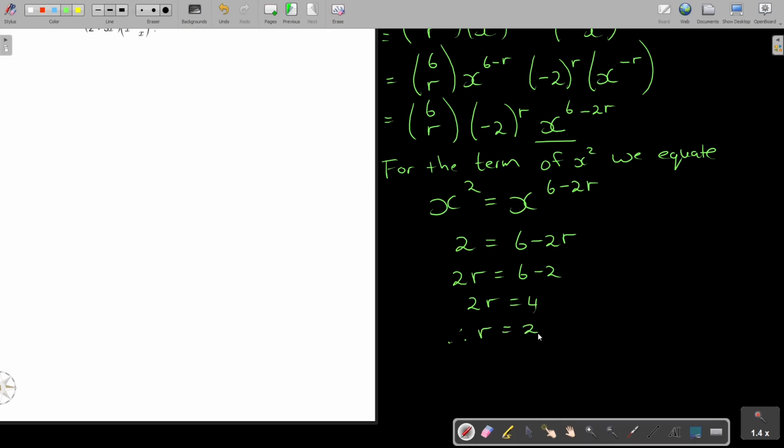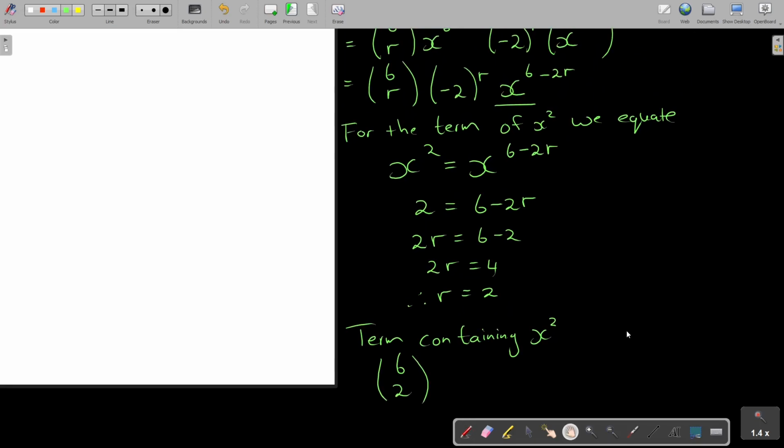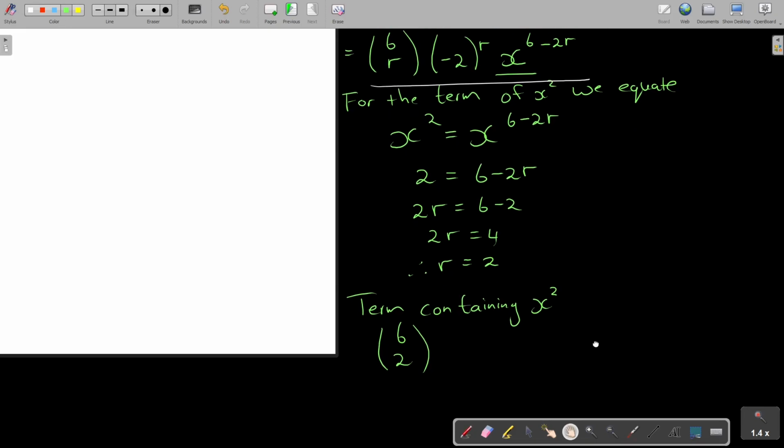So the term containing x squared, we are going to just say 6 choose 2. And now don't forget that I just substitute in here. Do you see that? So let's just move it a little bit up.